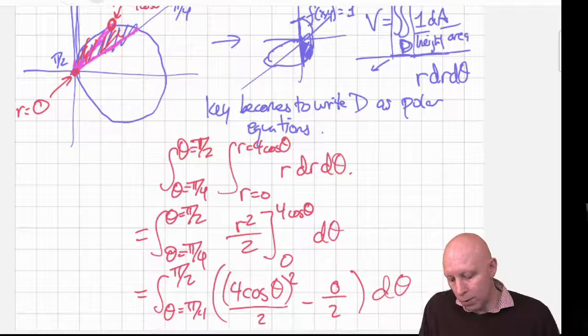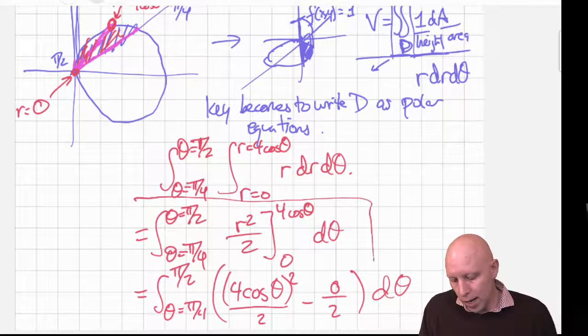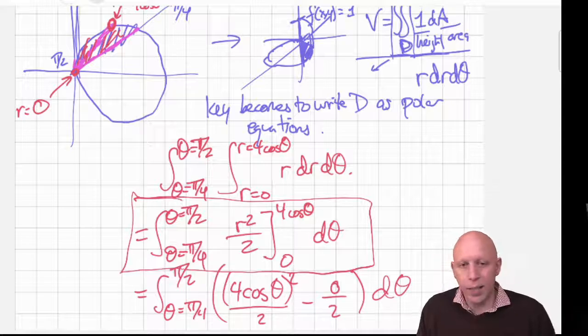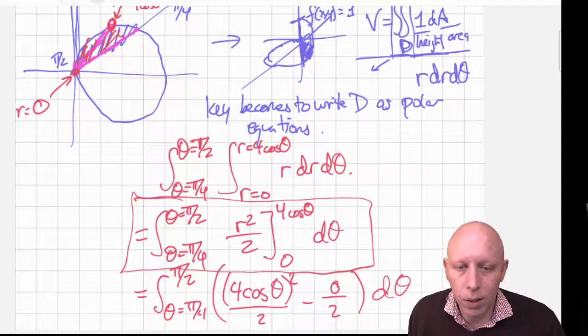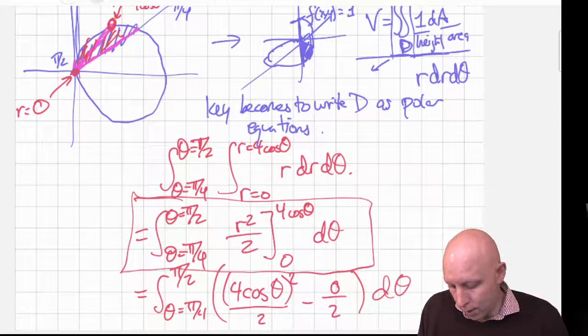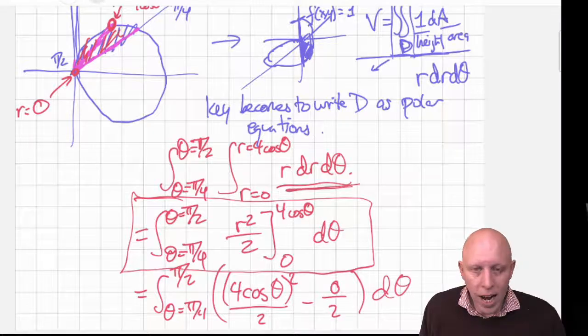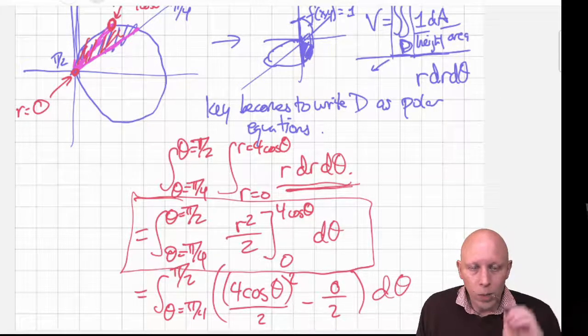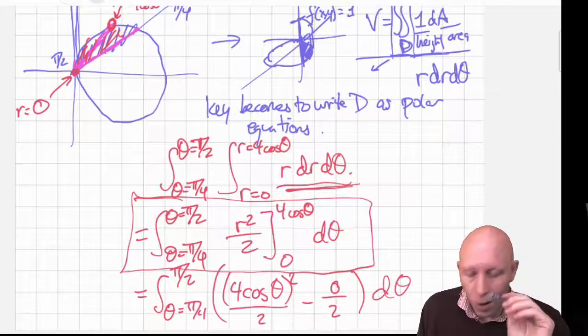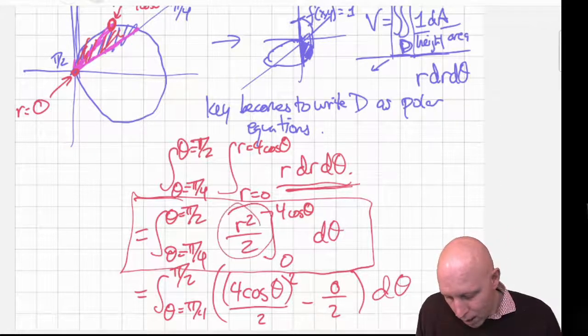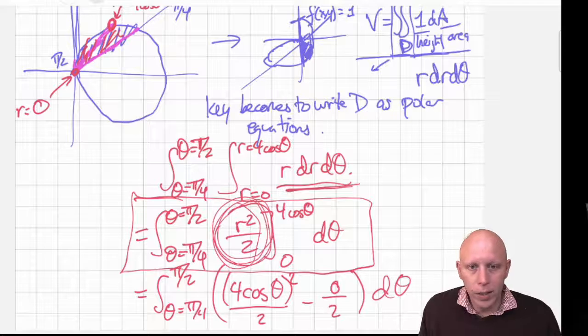Before I stop for today, what I wanted to do was highlight this line of our work. If you look at what happened, we said our little dA was equal to r dr d theta. When you take the integral of that with respect to r, we get r squared over 2.